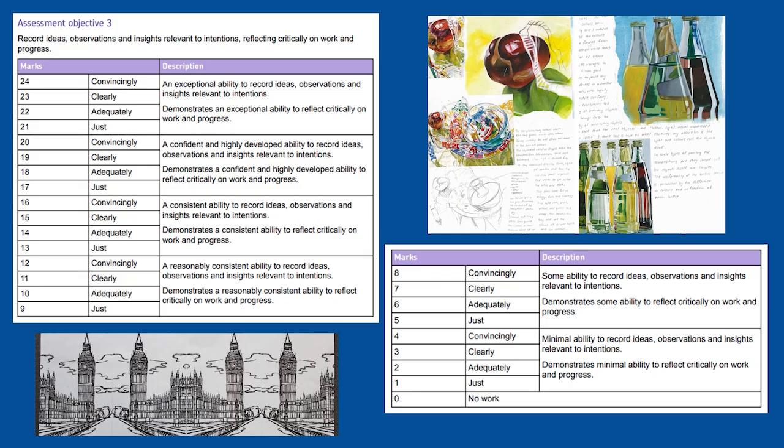For these confident, highly developed, and exceptional brackets up at the top, you're looking for a real ability to identify sources, to talk about sources, to find things that are relevant to your personal ideas and outcomes, to have a real coherent, critical reflection of your work throughout your sketchbook or your study sheets. We look at lots of examples when we do assessment objective 3 and when we weave this into your project. So it's nothing really to overly concern yourselves about, but it is probably the trickiest AO within the A level.